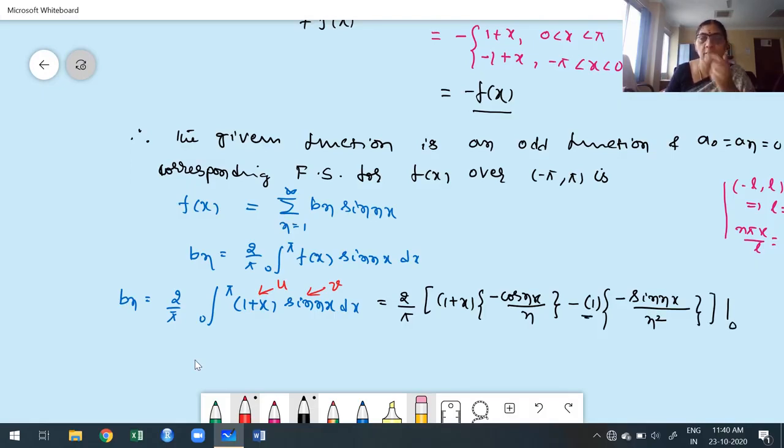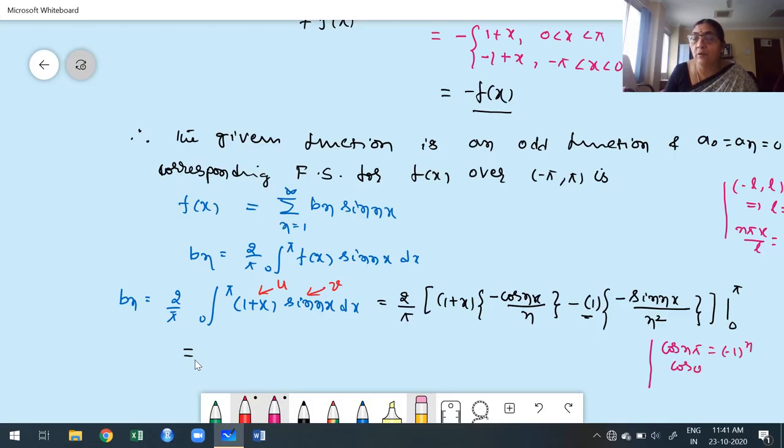I told you a number of times, in Bernoulli's rule we stop whenever we get the derivative value to be a constant, 0 to pi. Also, one point you are already familiar with: whenever having a product of sine or cos functions, first we have to verify the corresponding upper and lower limits. Cos of n pi is minus 1 to the power of n.